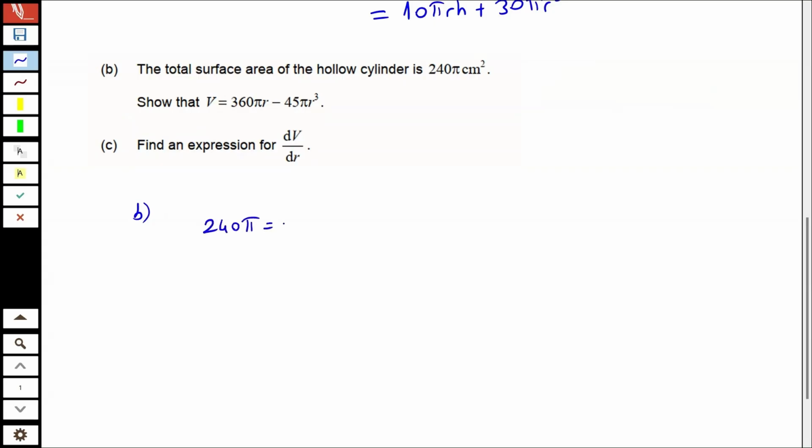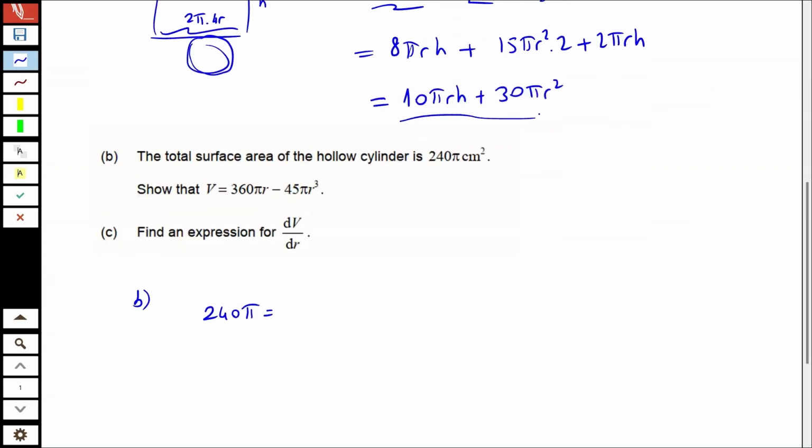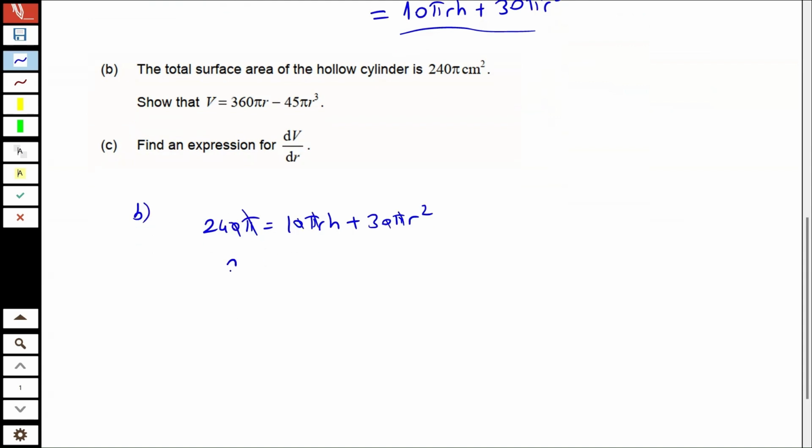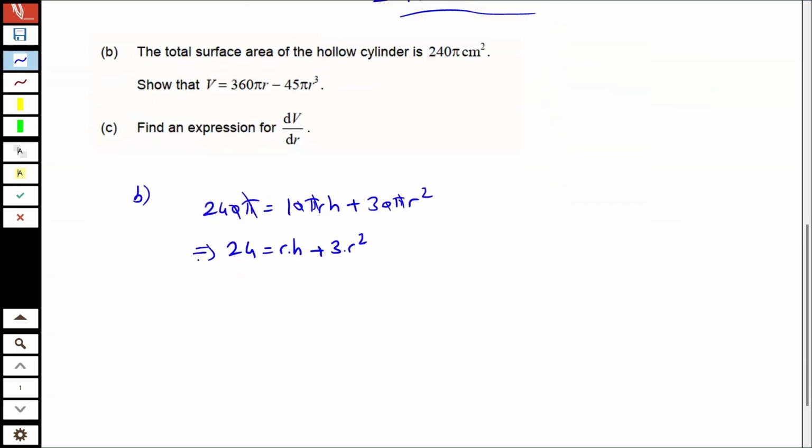We already found this equation here from the surface area, which is 10 pi r h plus 30 pi r square. You can cancel pi and then divide each expression by 10. So 24 equals r times h plus 3 times r square, right? We're gonna use this equation.